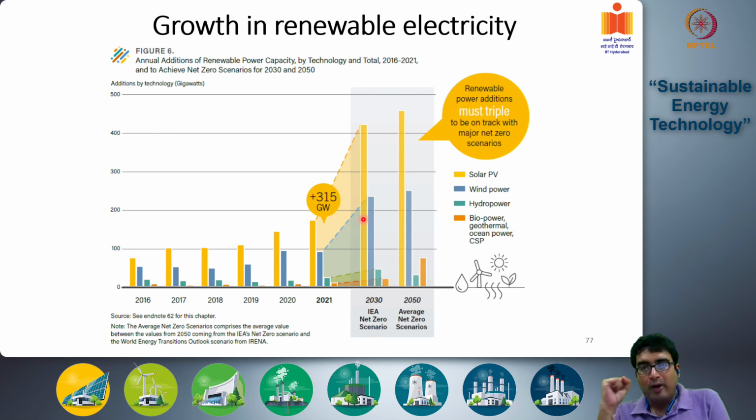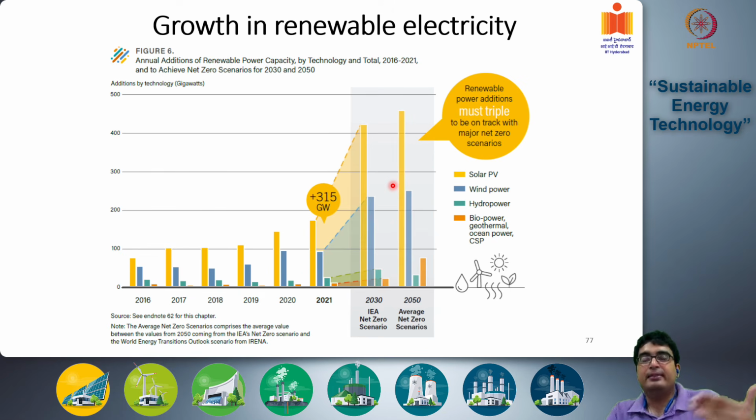However, the problem is that even this growth in capacity additions is not sufficient. Okay. So if you want to achieve net zero by 2040 or 2050, you need to have a tripling of the power addition rates in order to keep track with the net zero scenarios where the warming is below 1.5 degrees centigrade.